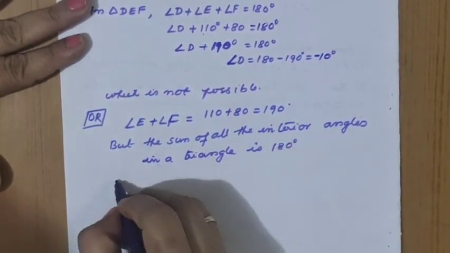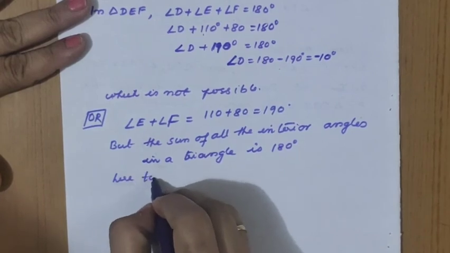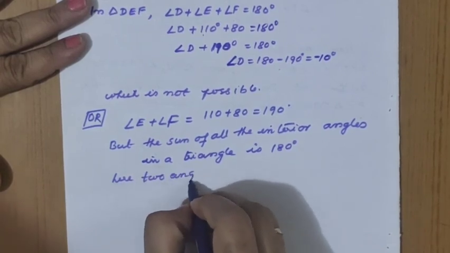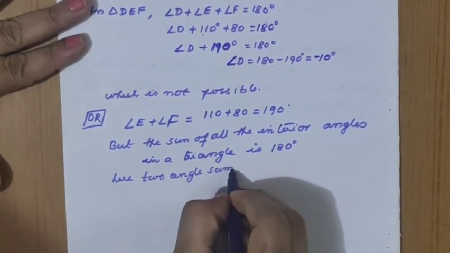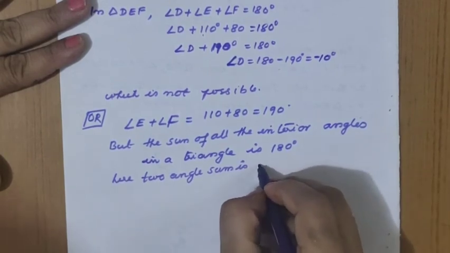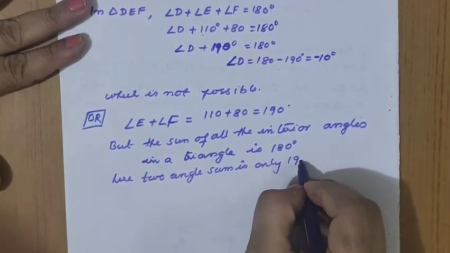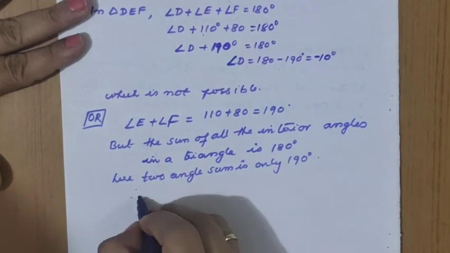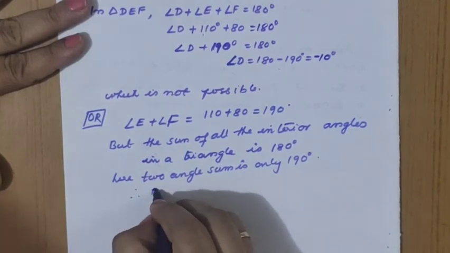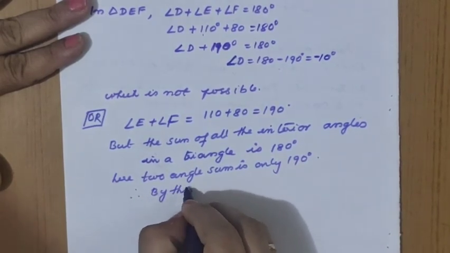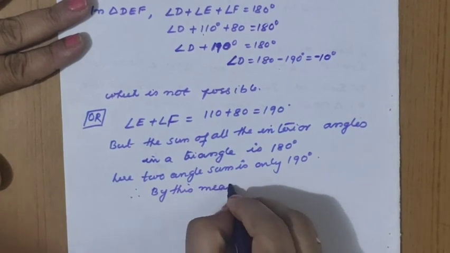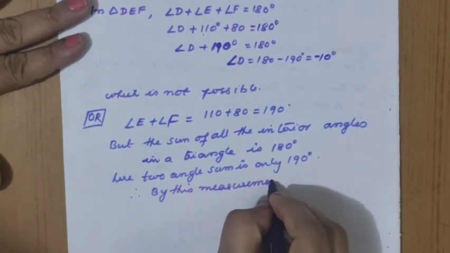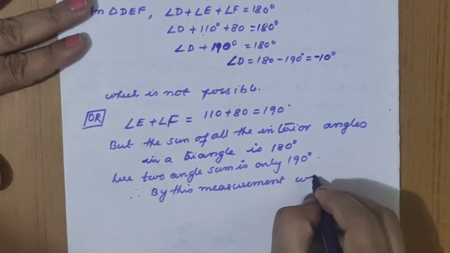But here two angles' sum is 190 already. So by this measurement, we cannot construct a triangle.